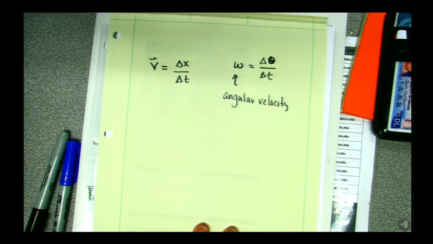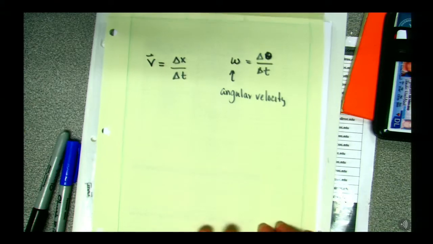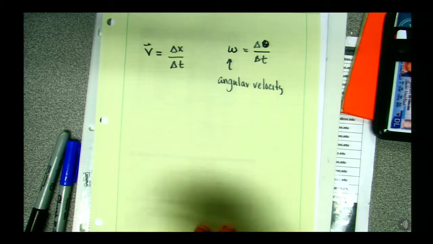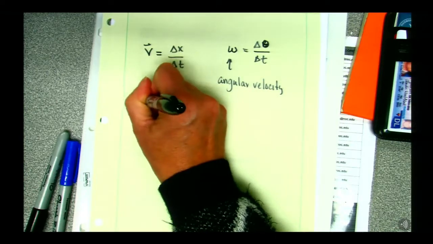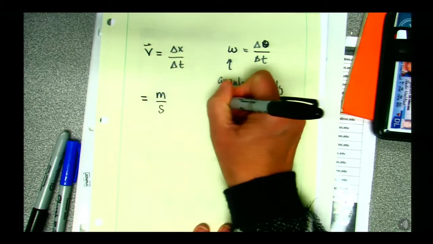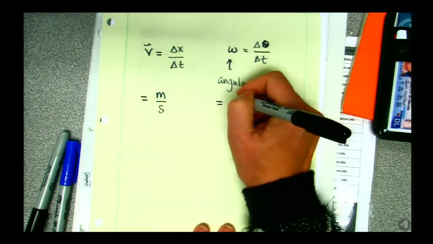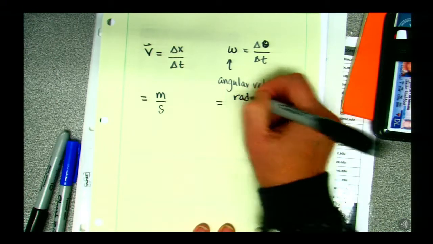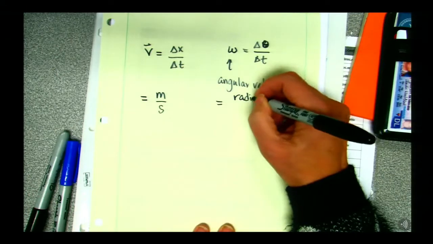Let's look at the units, because this is where things get funky for circular motion. Linear velocity is in meters per second, and over here we don't use degrees. We're actually going to use radians. Radians are going to be our angle, and this is radians per second.